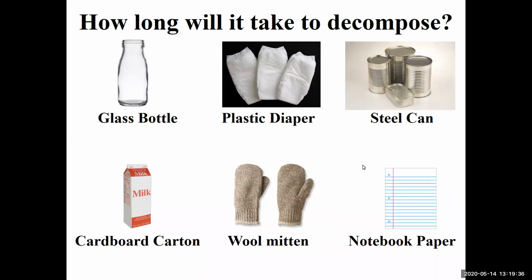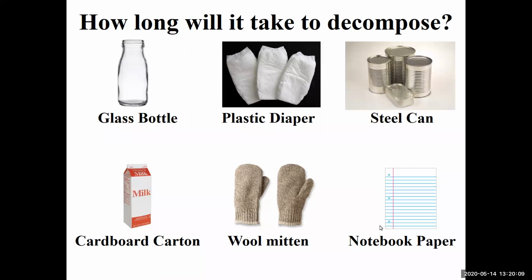So we're going to use poll questions, and I would like for you to take a quick guess of the length of time you think it would take for each of these items to naturally decompose, to naturally break down. I will give you a hint, and the hint is that items that are made from glass, plastics, or metals take a much, much longer time to break down in comparison to items that are made from plants or animal materials.